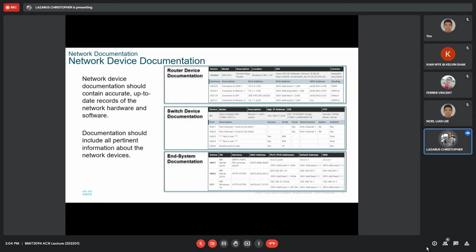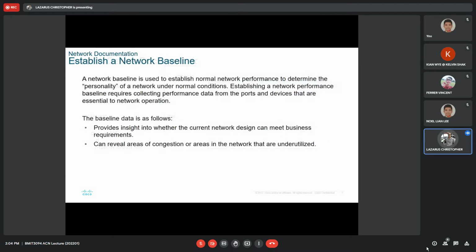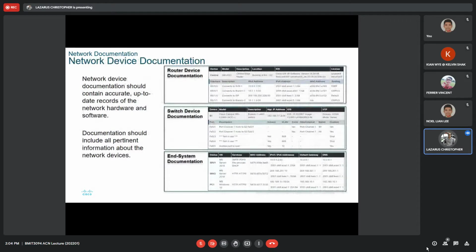So this is an example, and this must be kept up to date when there is a change in the topology, an addition of a new device, an addition of a host. Then you keep your record up to date. So you can see some examples here.